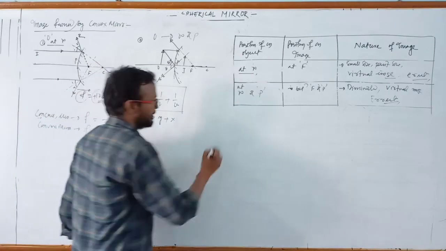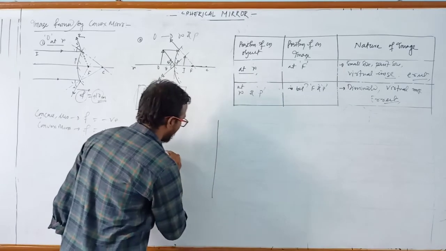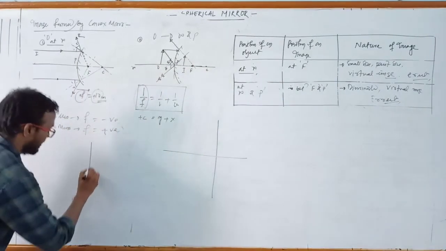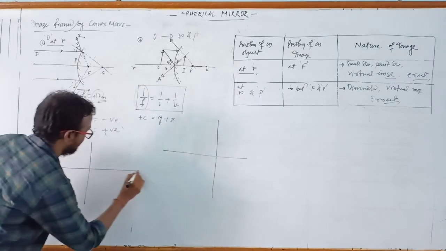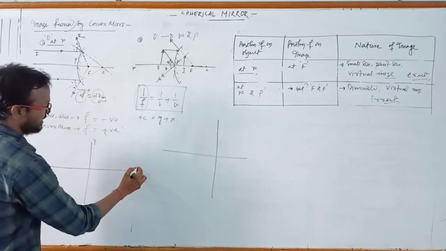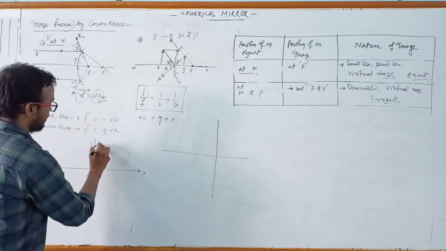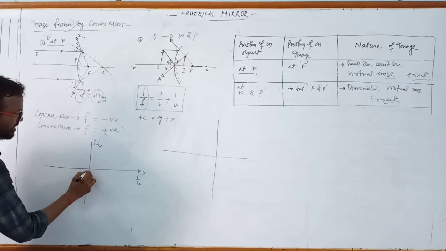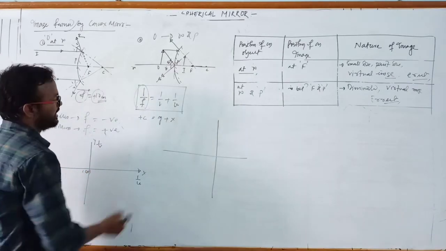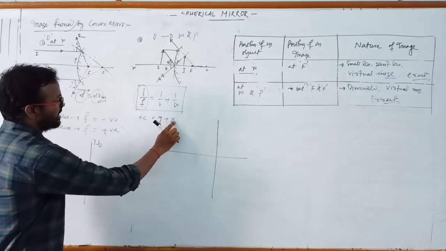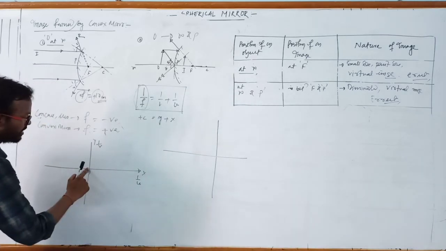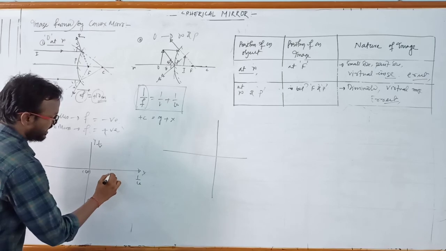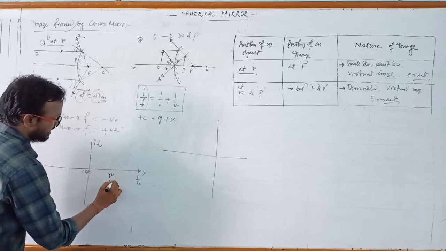If you draw a graph, then the graph will be like this. Suppose you draw the graph here, y axis and this is the x axis, here 1 by V, and that is 1 by U. Clear? This point is the origin 0, 0. Now when y equals 0, x equals plus c.